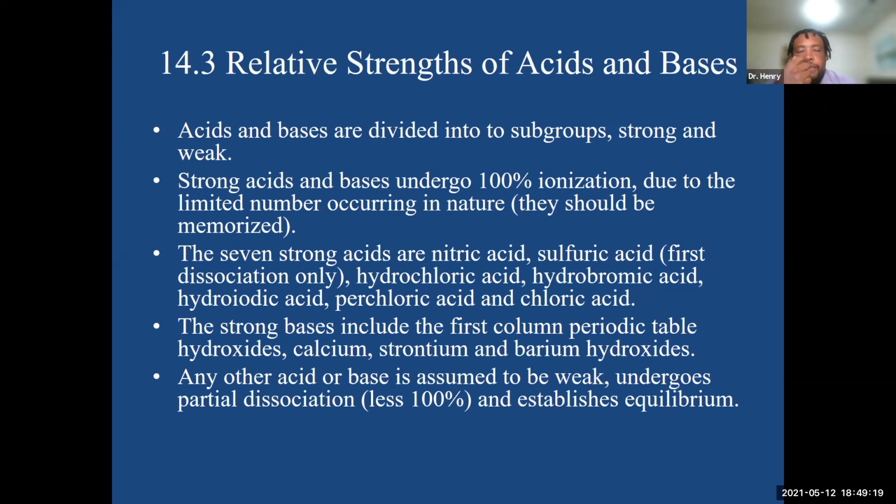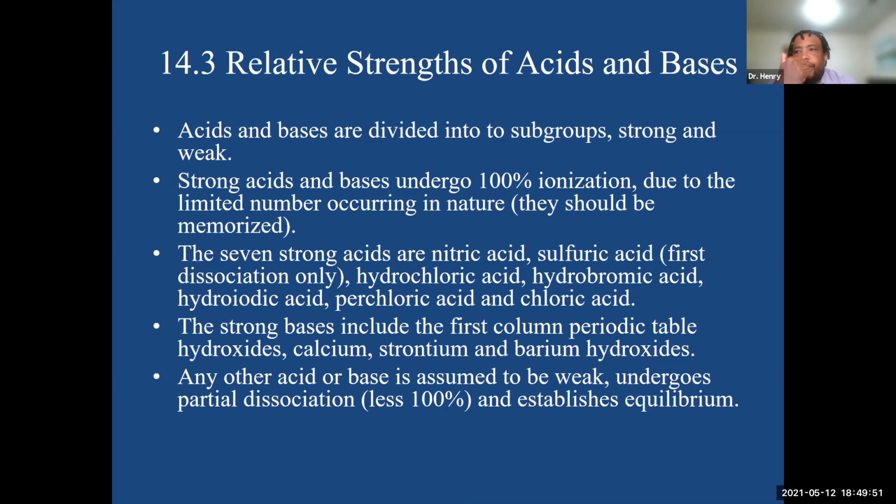chloric. So typically things that are per- are going to be quick to dissociate, so they're going to do complete dissociation. Things that are -ic are going to dissociate, except when they're carbon-based acids. Carbon-based acids are going to be really weak acids, and they're always going to partially dissociate. Strong bases, such as those in group 1, are all strong bases.